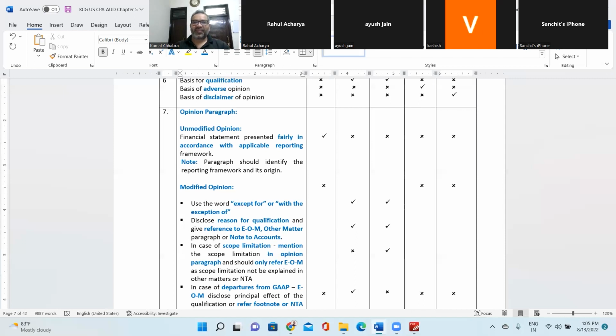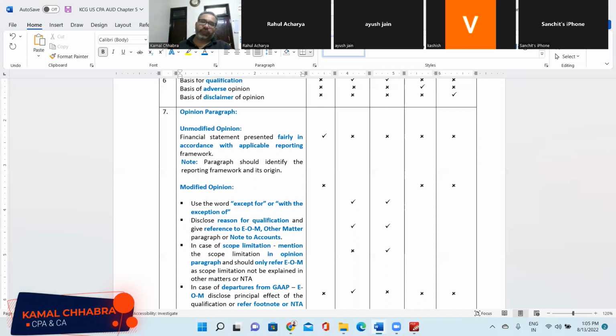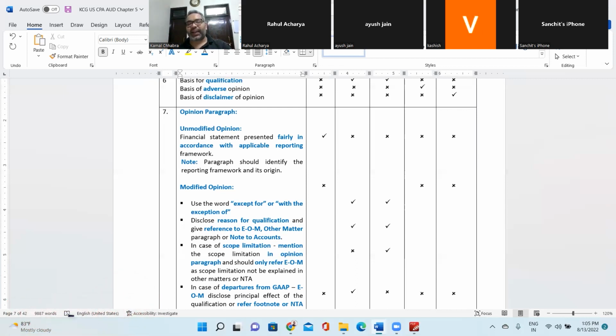Sir, standard, qualified GAAP, qualified GAAS, adverse, disclaimer. Yeah, so you are missing that qualification is on account of GAAP as well, and it may be on account of GAAS as well. So there are 5 types of reporting.